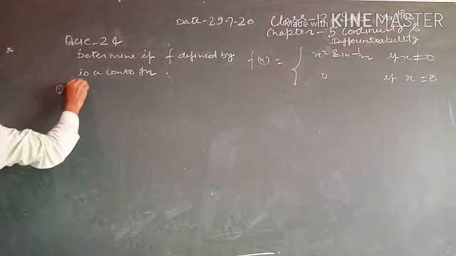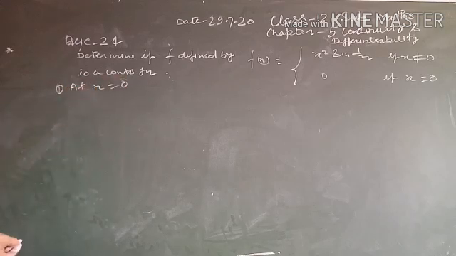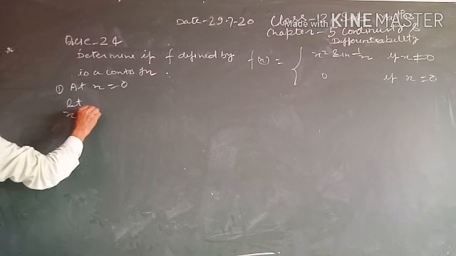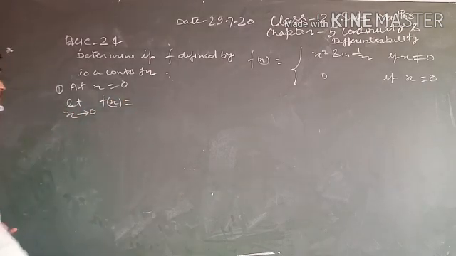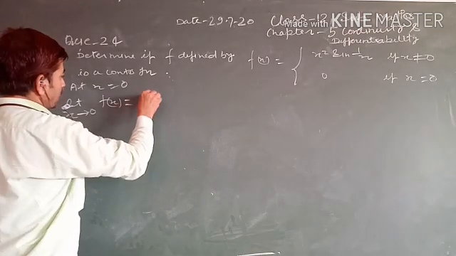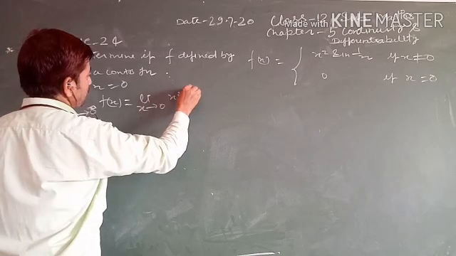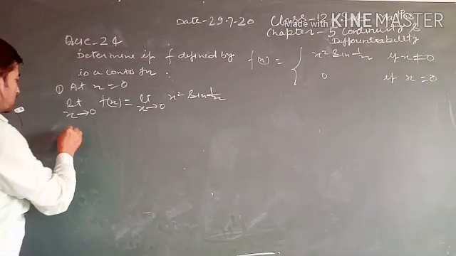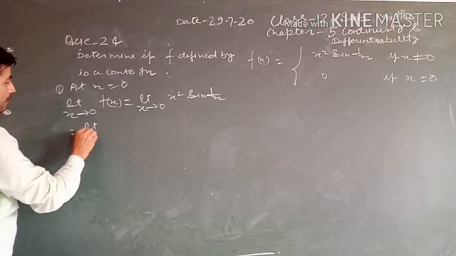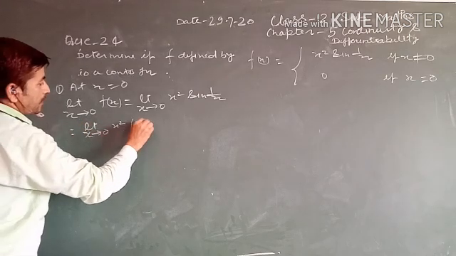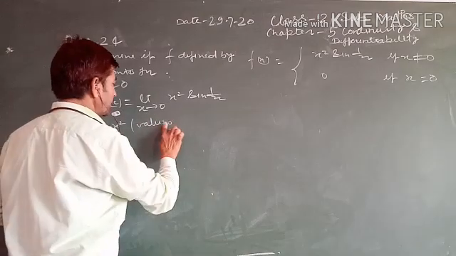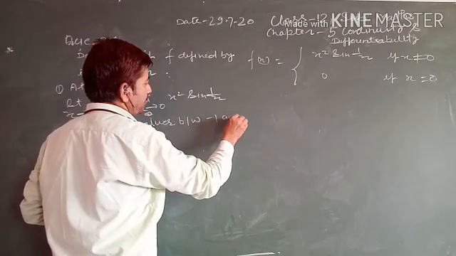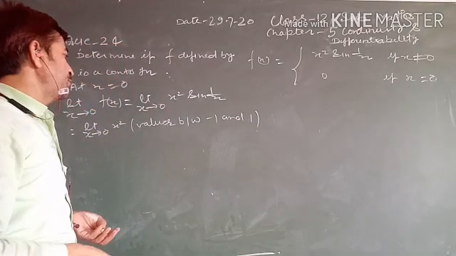First, at x equal to 0, limit of the function, limit x tends to 0, f(x) is equal to limit x tends to 0, x square sin 1 upon x, equal to limit x tends to 0, x square times values between minus 1 and plus 1, because sin lies between minus 1 and plus 1.